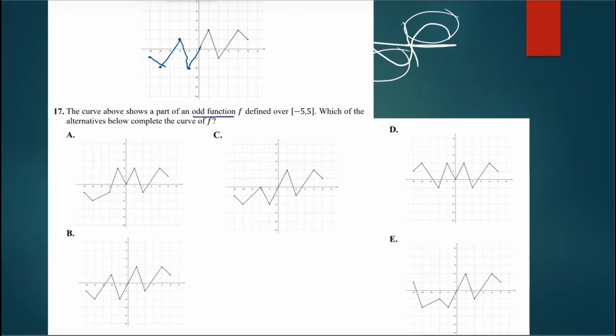Yes, I think that is B. So I reflect each point from x and y to -x and -y. That's the definition for the odd function: f of -x is -f of x. So both x and y change signs. Okay.